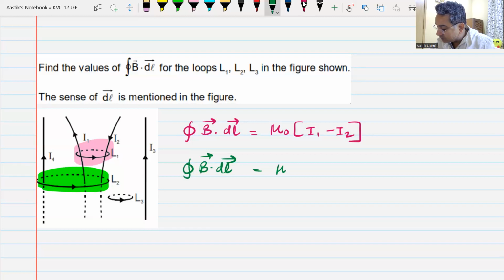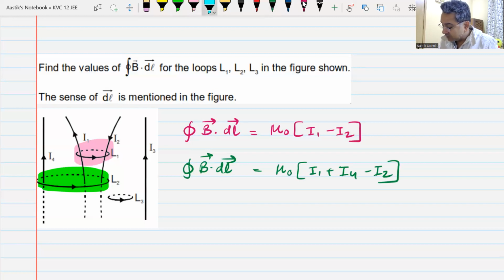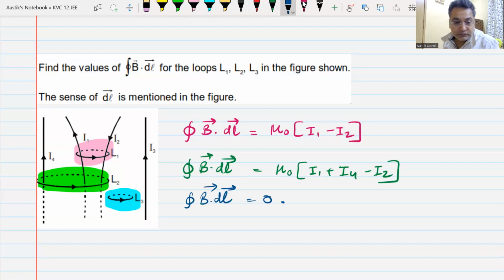So this becomes... Do we understand this, or is this going above our heads? Then comes the third loop. There is nothing inside it. We get this or not?